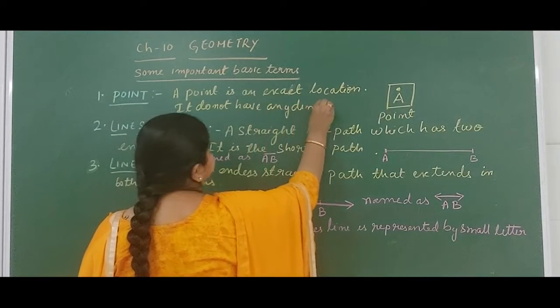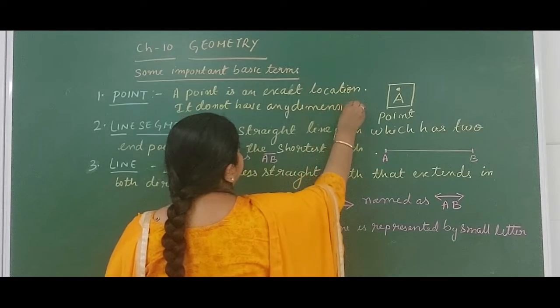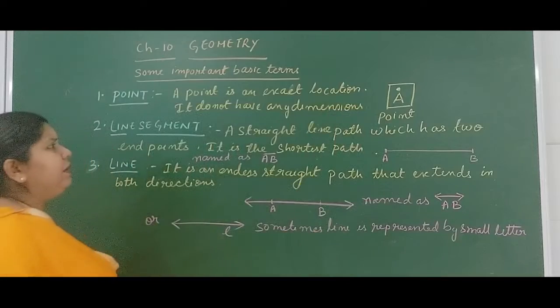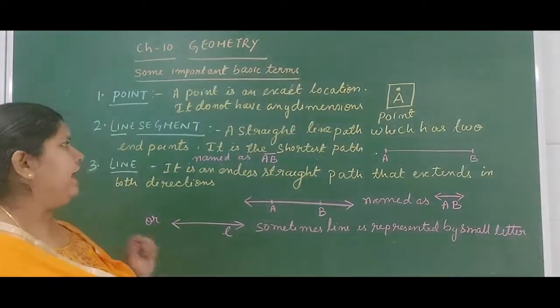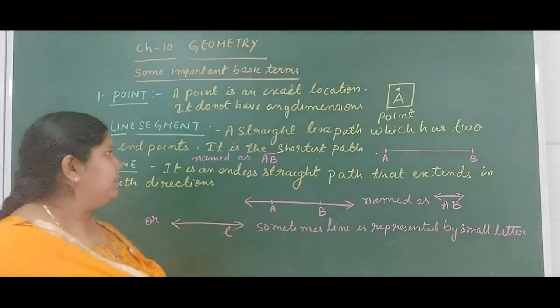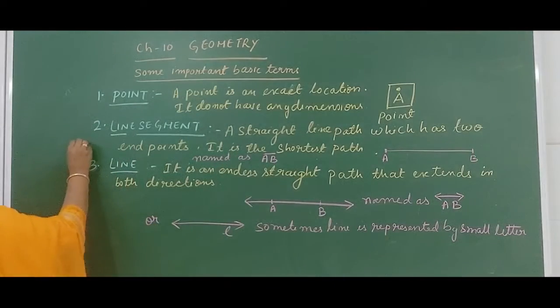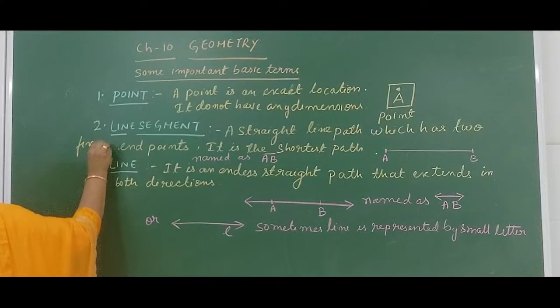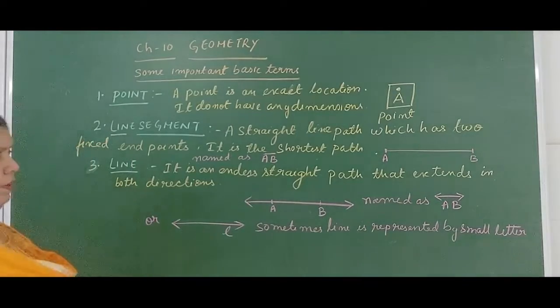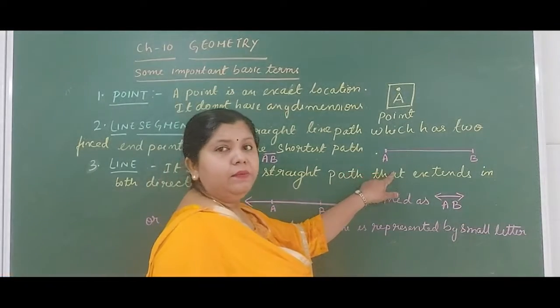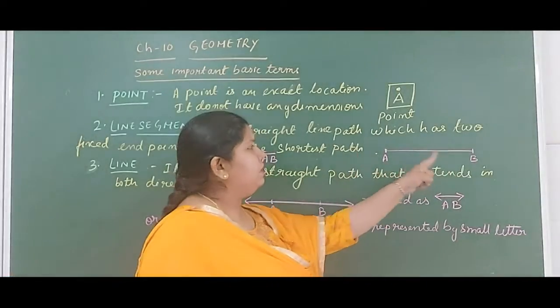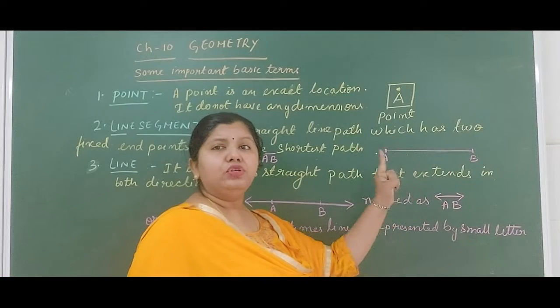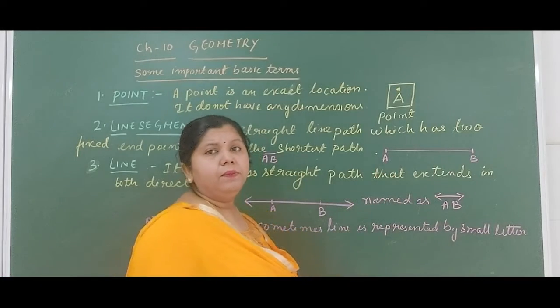Next is line segment. What is a line segment? It is a straight line path which has two fixed endpoints. We use the word fixed. Why fixed? Here you can see in the diagram, A and B are the two fixed points, and through these two points only one straight line is possible.